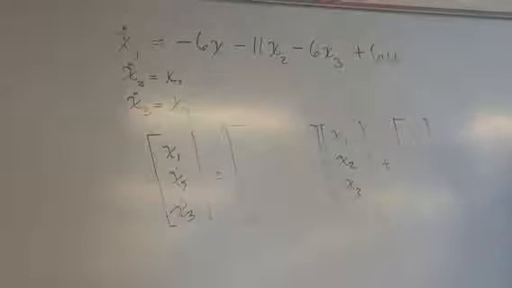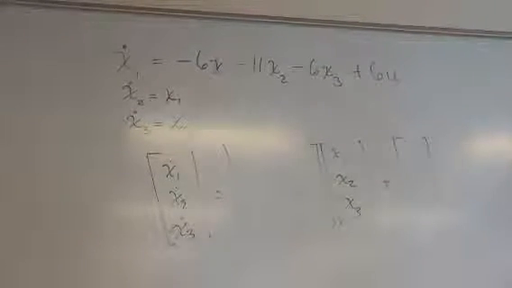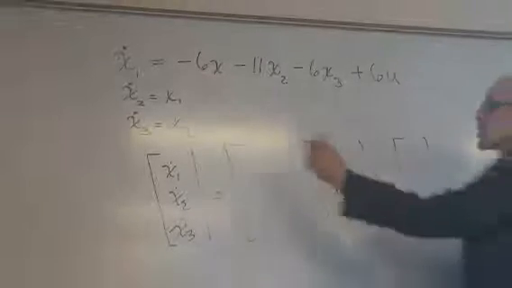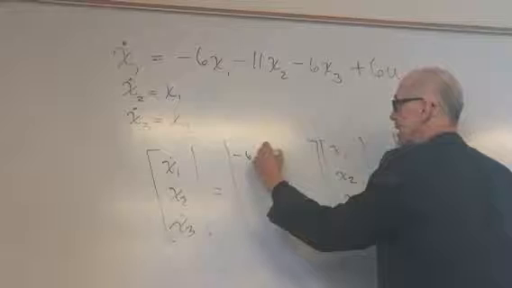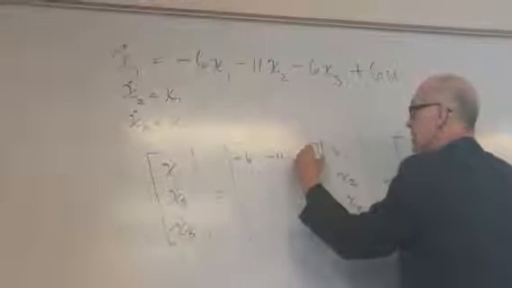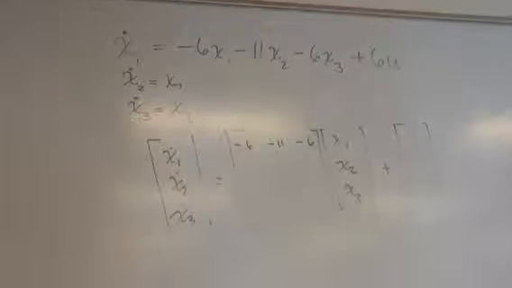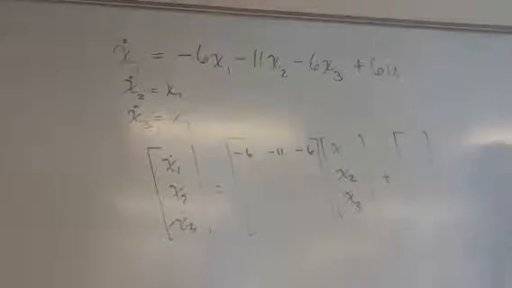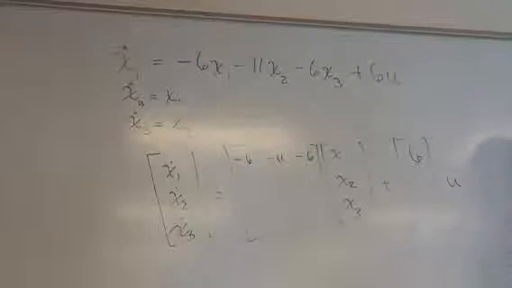Now what's the first row? This is just transforming equations into a matrix form. So x1 dot, this is x1. It's -6, -11, -6, right? That gives you the sum of those three because it's row times column. And then plus what? 6u.